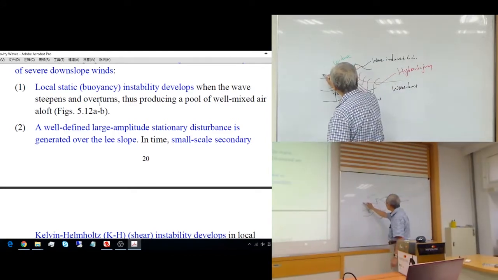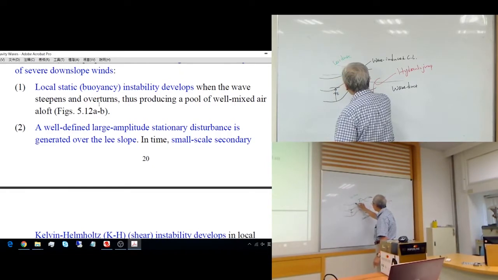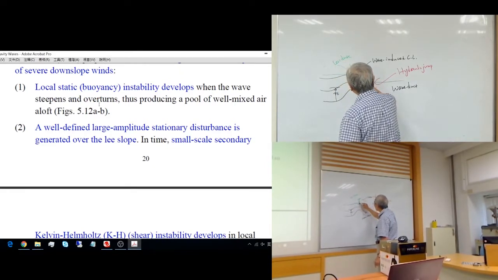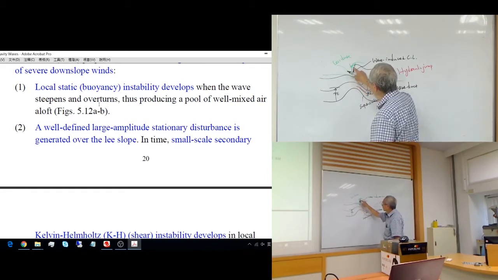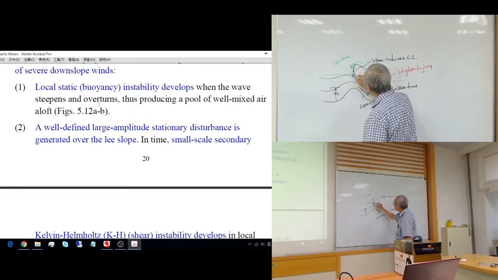Remember, I said yesterday, here it will go like this, but then this one will be higher than this one. So say theta 1, theta 2.